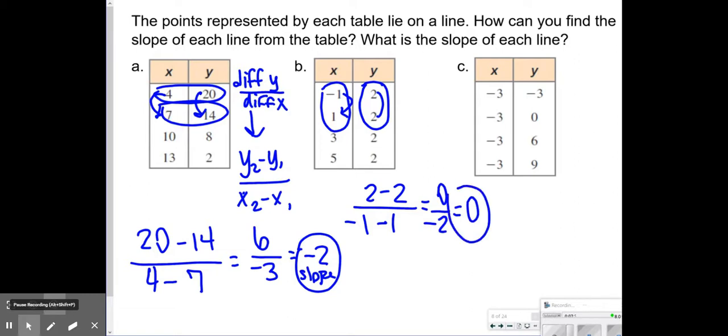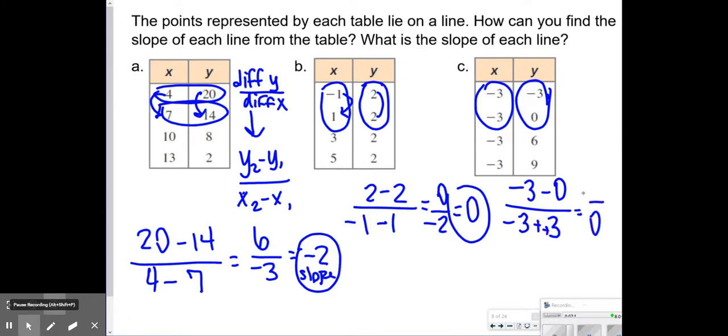Letter C, though, if I do y2 minus y1, I'm going to be doing negative 3 minus 0 first, and then x2 minus x1, I'll do negative 3 minus 3, minus negative 3. Negative 3 minus negative 3 means negative 3 plus 3, and that's going to give me negative 3 over 0, which means undefined.